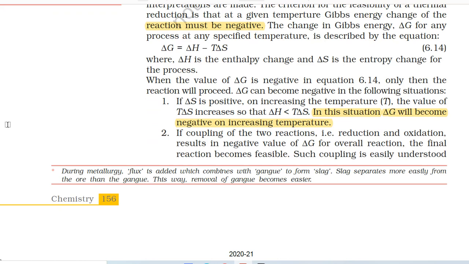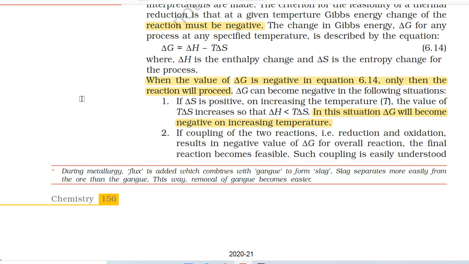When the value of delta G is negative in equation 6.14, only then will the reaction proceed. Delta G can become negative in the following situations.